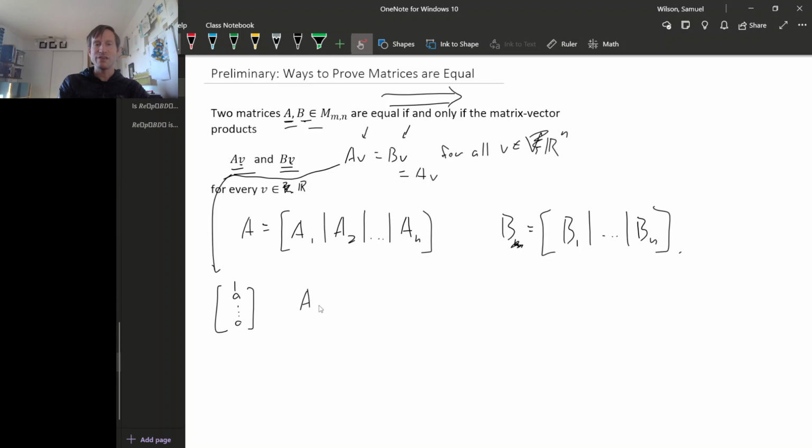So what is A times this vector? Well, first of all, before we actually calculate it, notice that we're assuming that it's equal to B times the same vector.